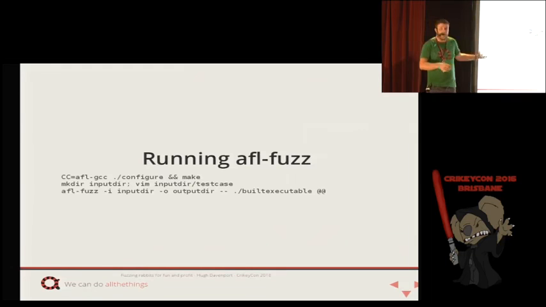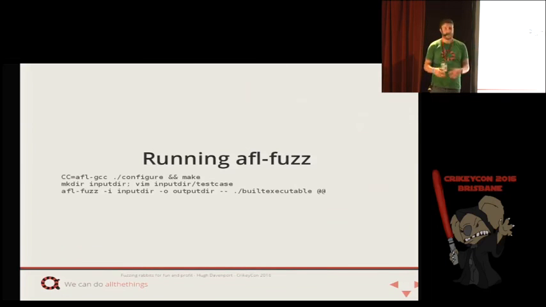So you compile it, you make an input directory, and you make an initial seed. So this should be like a sort of valid input to the program, but it could just be completely random stuff. And then you just run afl-fuzz, pass it the input directory where all your initial seeds are, and you pass an output directory where it's going to store all the fuzz stuff it's creating and any crashes.